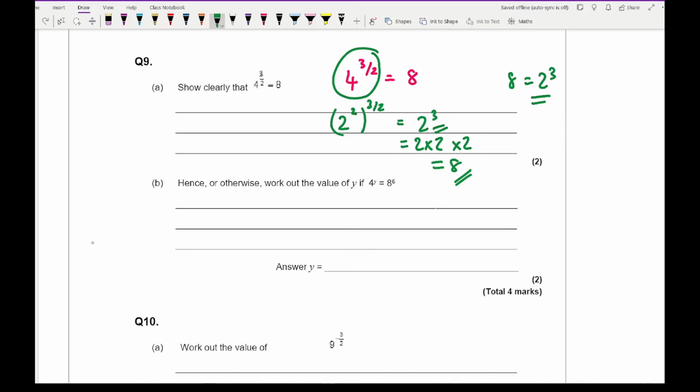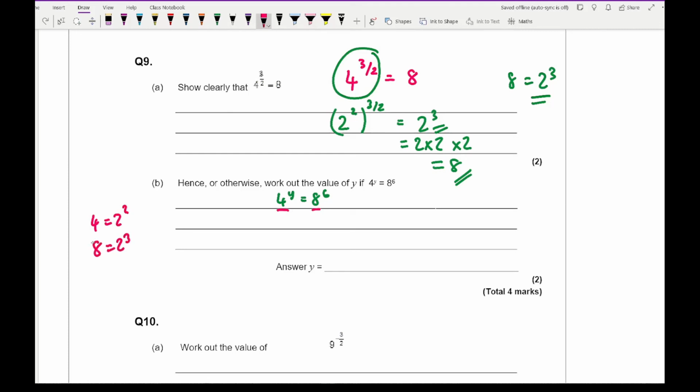That says hence or otherwise, work out the value of y when we've got 4 to the power of y equals 8 to the power of 6. Now for this, again, what you want to do is write these as powers of 2, because obviously 4 and 8 can be written as powers of 2. So 4 is 2 squared and 8 is 2 cubed.